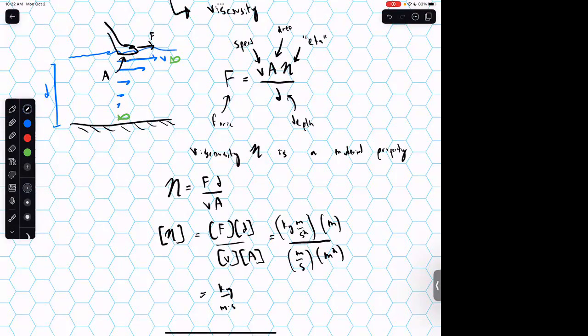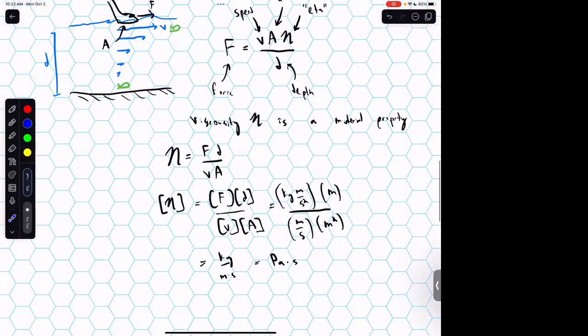This isn't a particularly elegant unit, but this ends up being equivalent to pascals times seconds. And if you look up tables of viscosity in chemistry textbooks or on Wikipedia, usually you'll see it measured in Pascal seconds, which is just the SI unit. So viscosity is units of pressure times time, which I don't have a great intuition for, but it's useful to know, especially when you're checking your units and calculations.